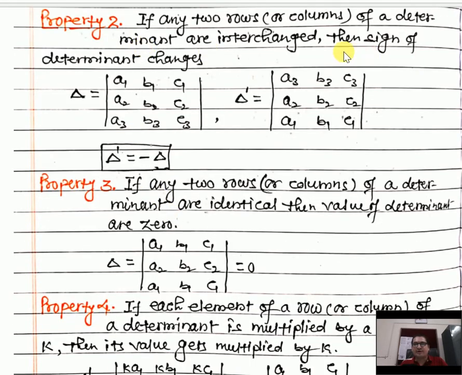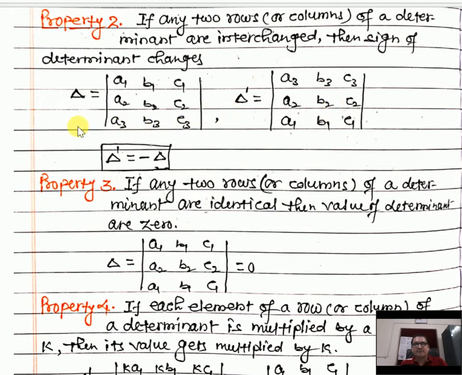Property number 2: if any two rows or columns of a determinant are interchanged, then the sign of the determinant changes. Suppose this is the symbol of the determinant, given a1, b1, c1, a2, b2, c2, a3, b3, c3.